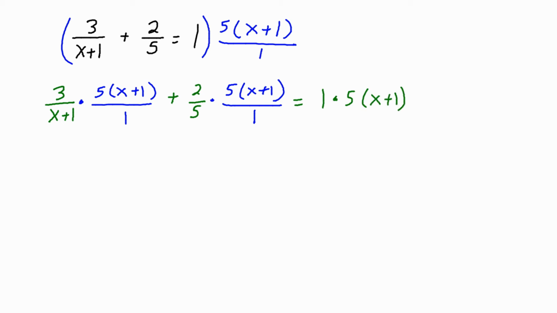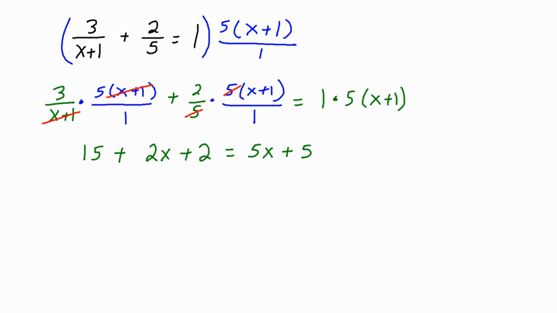Now I'm ready to cancel what I can. The x plus 1's cancel, so I have 3 times 5, which is 15, plus I have my 5's canceling, so I have 2 times x plus 1, which gives me 2x plus 2 equals 1 times 5 is 5, and 5 times x plus 1 gives me 5x plus 5.